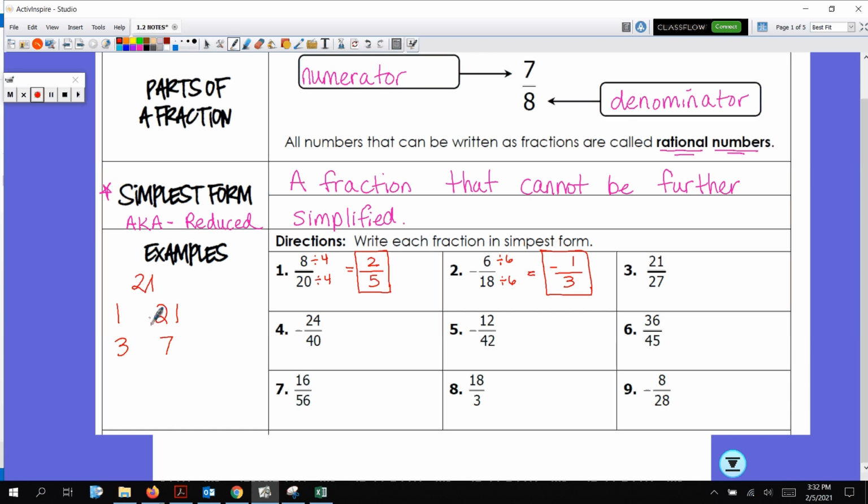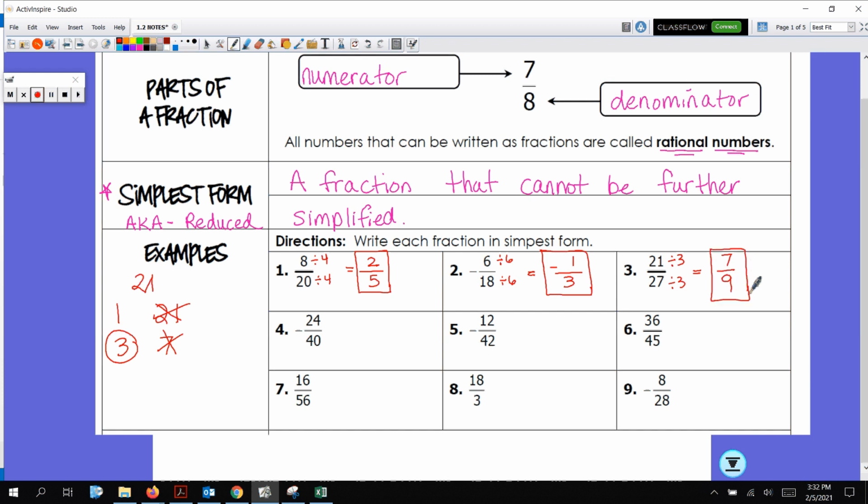So, does 21 go into 27? No, it does not. Does 7 go into 27? No, it does not. Does 3 go into 27? Yes, it does. So 3 is the greatest common factor. So I'm going to divide my numerator and my denominator by 3 so I can reduce, and I get 7 over 9.